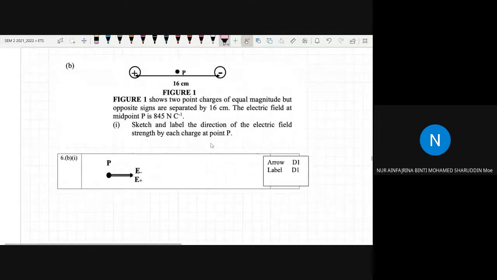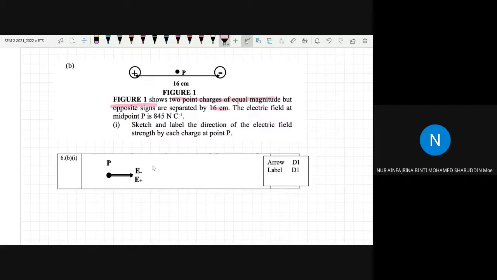Figure 1 shows 2-point charges of equal magnitude. Meaning both charge will have the same value lah, equal magnitude kan. Tetapi dia adalah opposite sides which are separated by 16 cm.